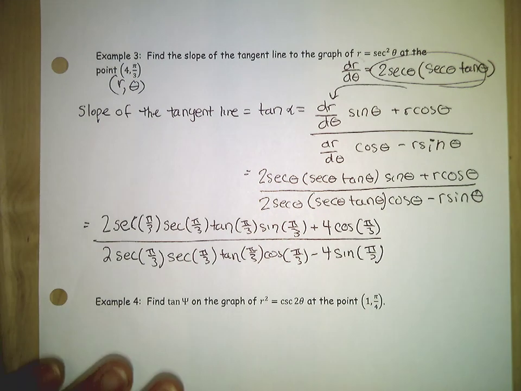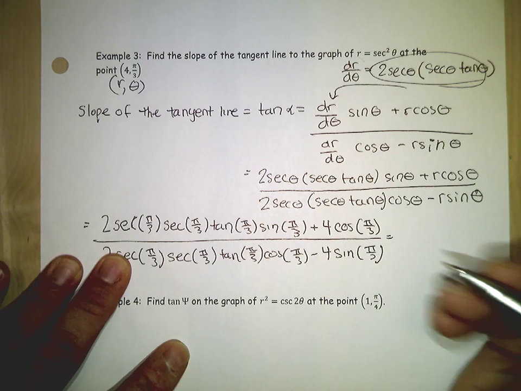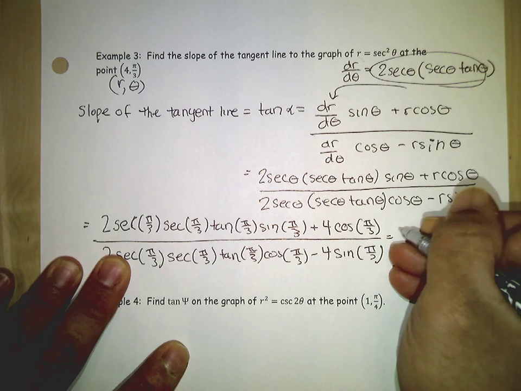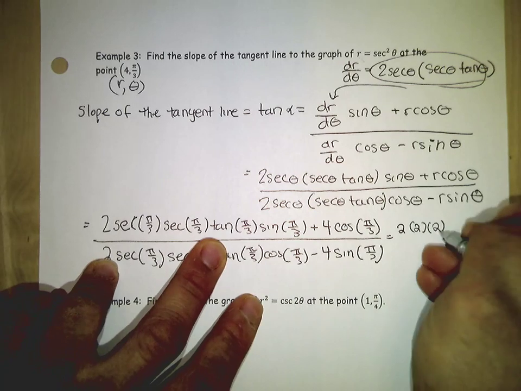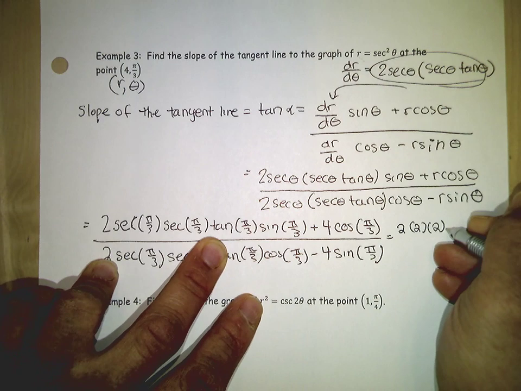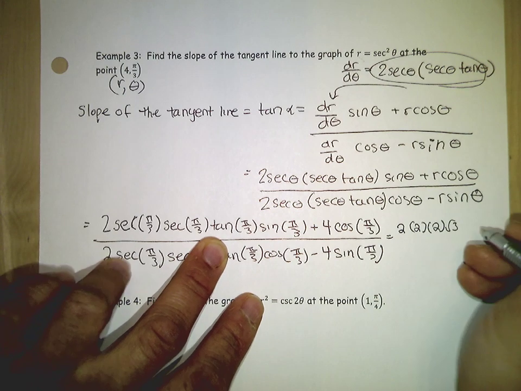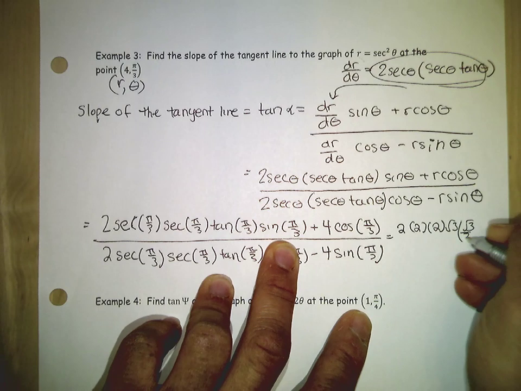So we have, well, let's see, what do we have? I hope I have room for all of this. All right, so 2 times 2 times 2. The tangent of pi over 3 is the square root of 3. The sine of pi over 3 is square root of 3 over 2.